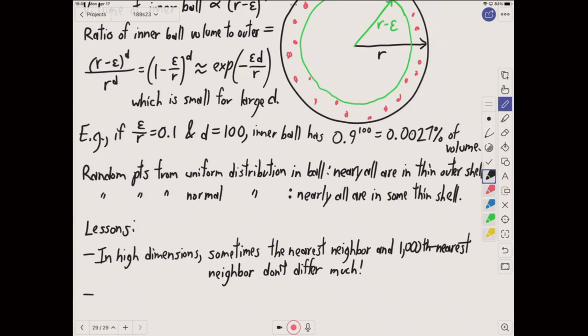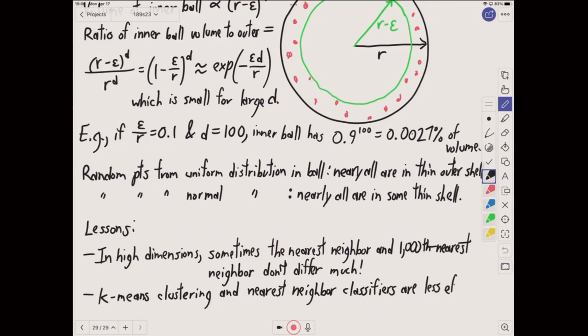And the particular two algorithms that this is most relevant for are k-means clustering, which is designed to operate in a d-dimensional space, and nearest neighbor classifiers, which both of these algorithms depend on looking at the Euclidean distances between points to make important decisions. And so this gives us some insight as to why these two algorithms tend to become less effective when the dimension is very large.